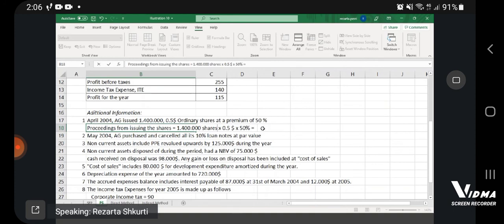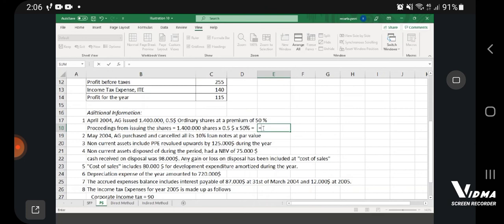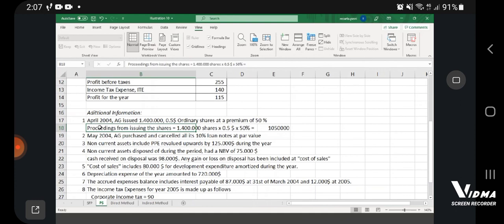That is 50%. If we make the calculations right now, I'm using the Excel formula, multiplied by 0.5, multiplied by 0.5, we'll have this amount of income from having received the issue of the shares right now.